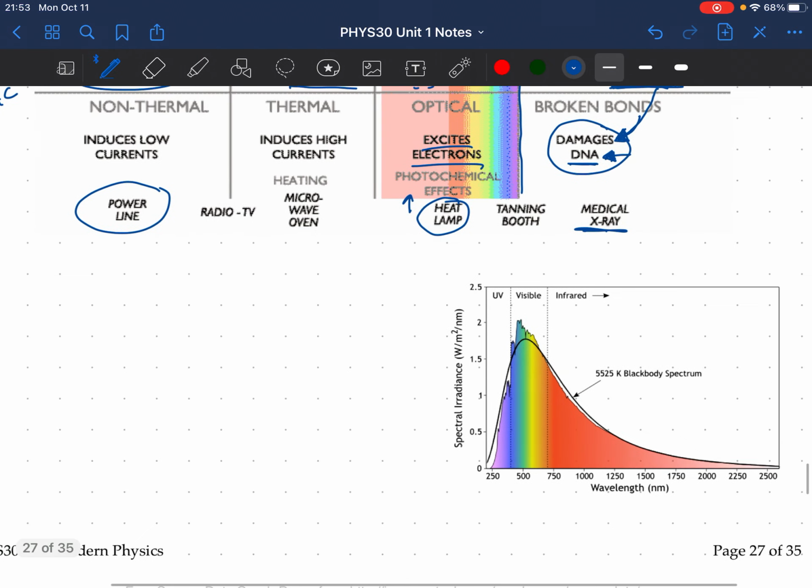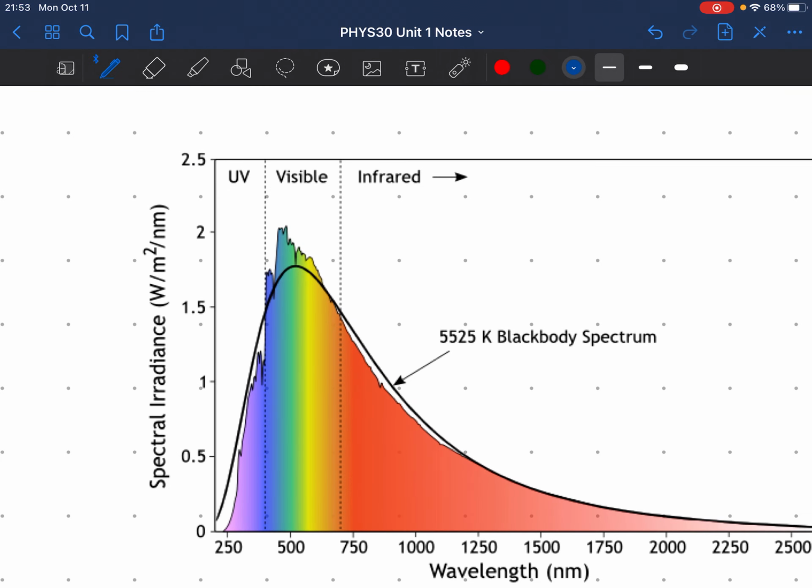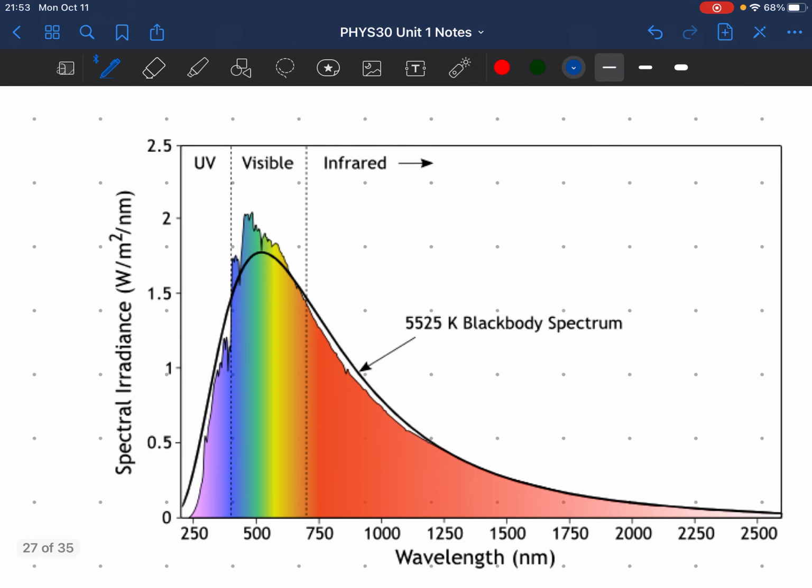All right, so you can see here in a black body radiation, like the sun, this is the radiation that the sun produces. You can see this line kind of right here.